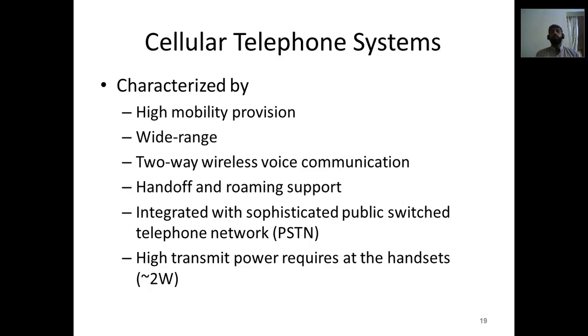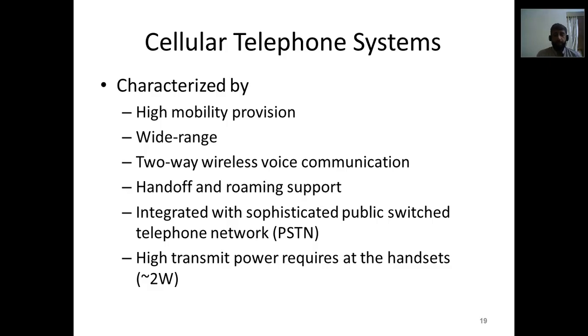So generally, if we characterize the cellular telephone system, the important aspects are: first, it can provide high mobility. Second, it can provide coverage to a wide area because of the presence of various mobile stations. It can be used for two-way wireless communication.